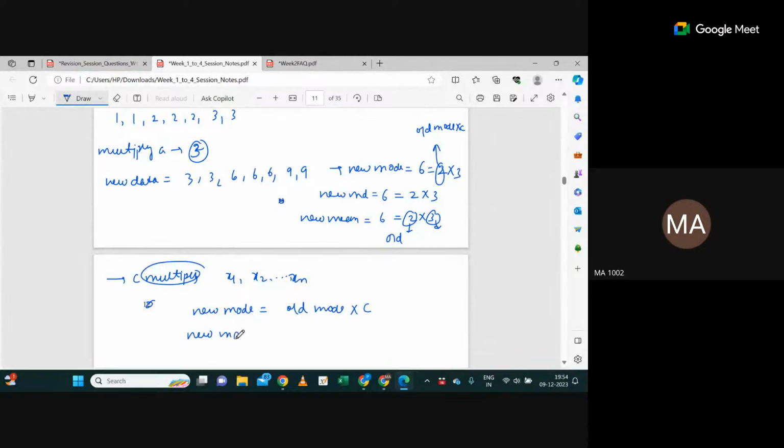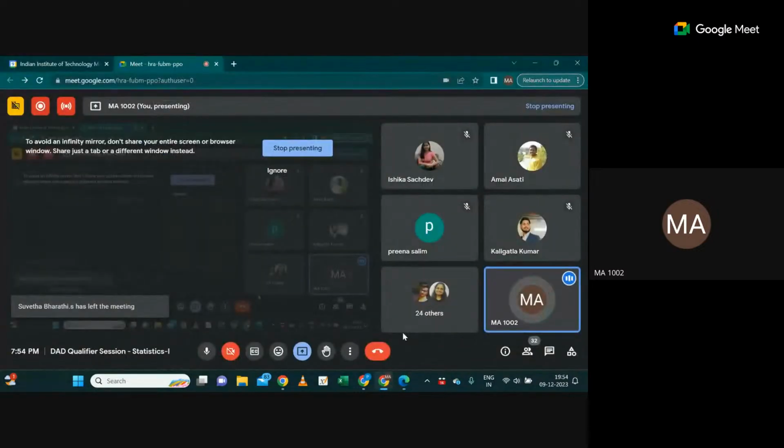Same, new median will be old median into that constant. Similarly, new mean will be old mean into that constant. Is this clear? Till this part, everything is clear to all of you?